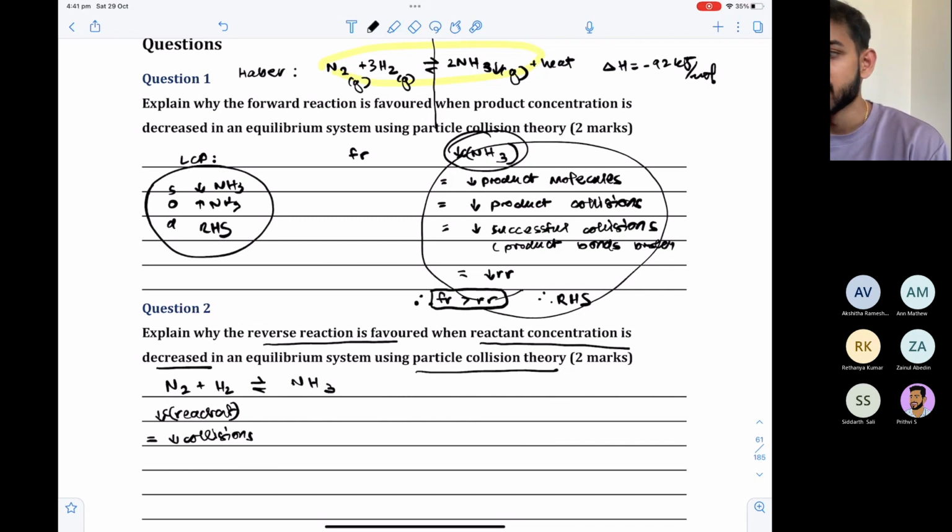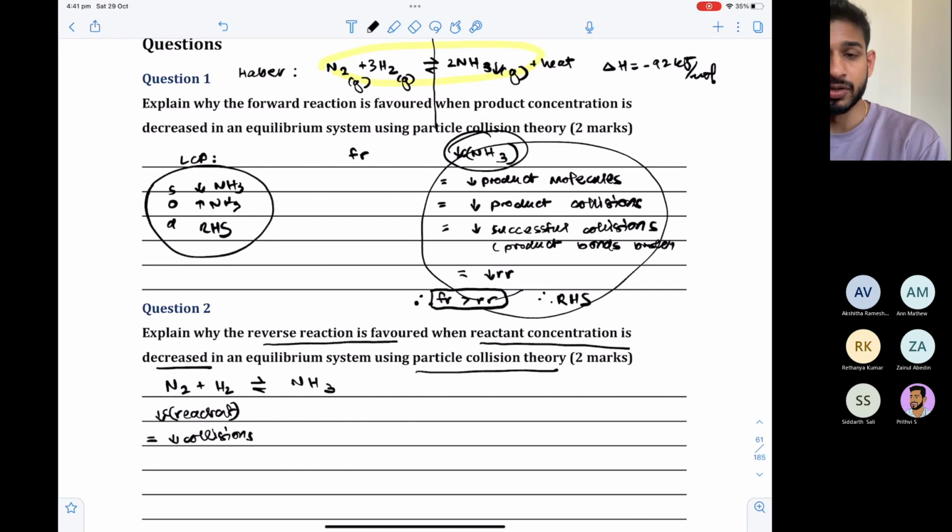As a result, the reverse reaction rate is lower than the forward reaction rate. We can say the equilibrium has shifted to the right-hand side. Do you see how I never said anything about partially counteracting? That's exactly how you should do it in the exam. The second you talk about partially counteracting, you're talking about LCP. You're not talking about particle collision theory.